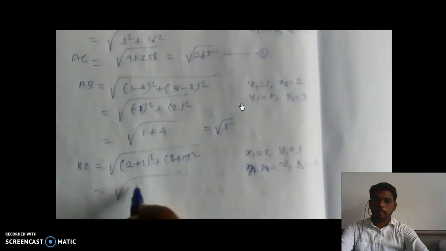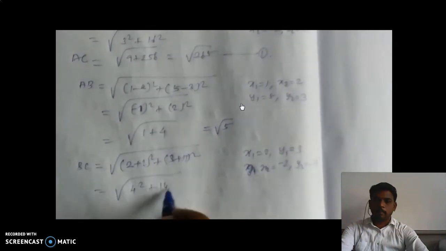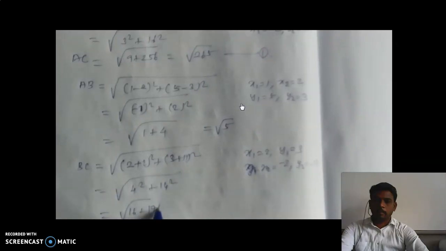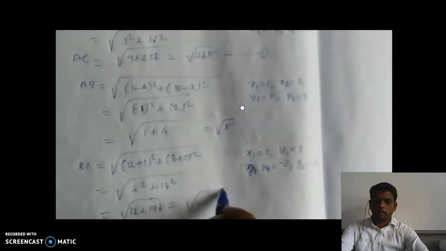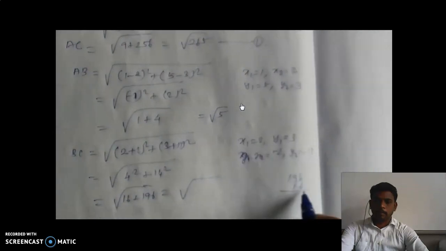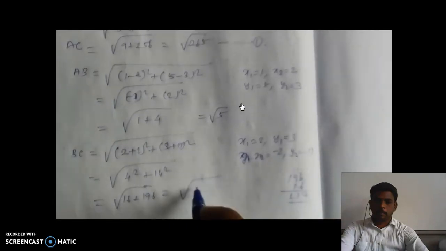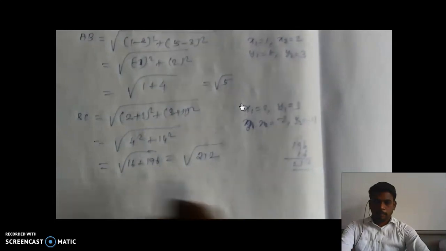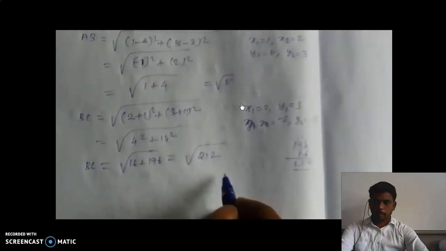So equal to root of 4 square plus 14 square, equal to root of 16 plus 196, equal to root of 212. So that is the value of BC.